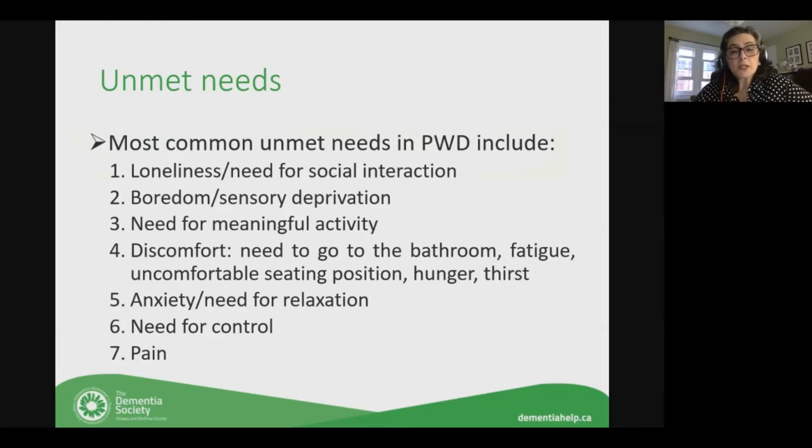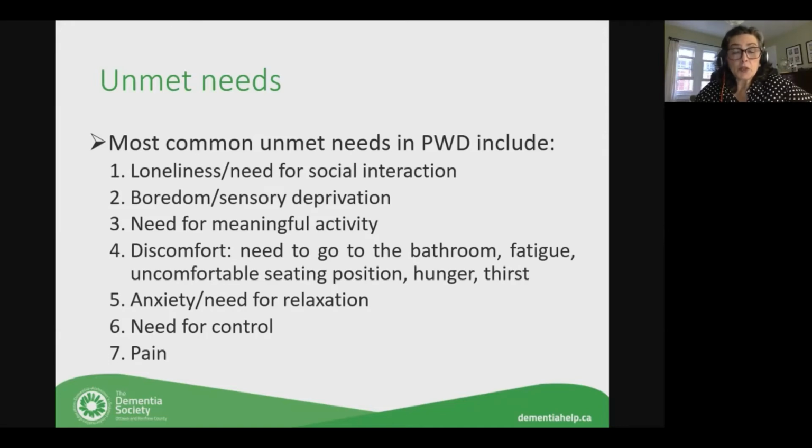The need for meaningful activity is important in individuals with dementia, just as it is for us. A day that is void of anything that creates any sense of pleasure or delight is difficult for someone with dementia, just as it is for us. So that needs to be attended to.